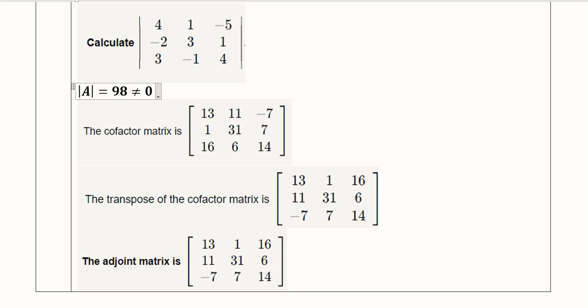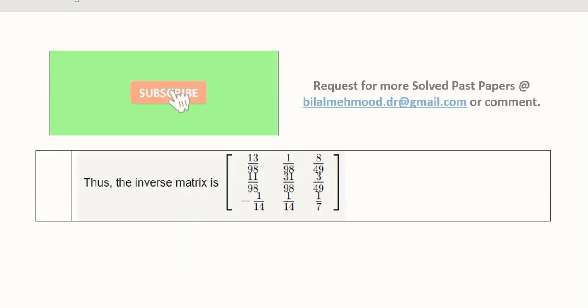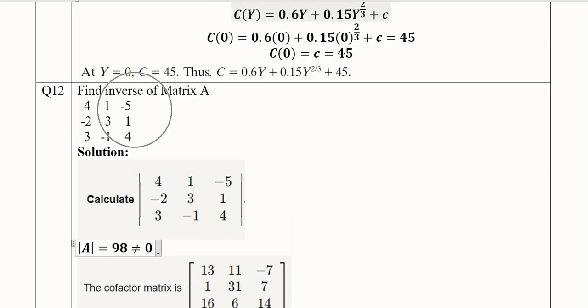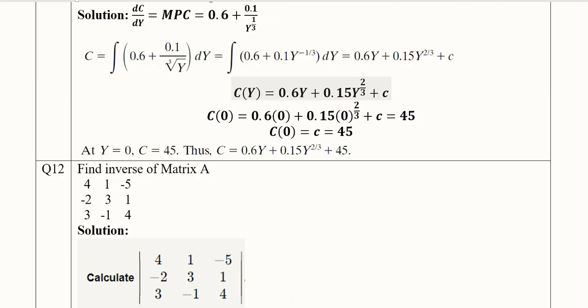So this is that adjoint that we were looking for in addition to this determinant, because their ratio will give us the inverse of that matrix. So we have found the inverse of that matrix as well, which was the requirement of this question. This question is mathematical in nature, no economic requirement is there, so the answer will remain less interpreted.